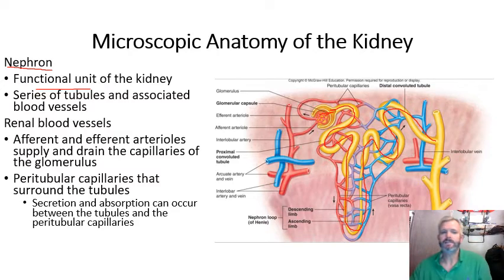Since we are filtering the blood, what brings the blood into this nephron here is, hopefully this name sounds familiar, the afferent arteriole, which brings the blood into what's called the glomerulus here, and the efferent arteriole brings it out. But one thing I want you to make note of here is the close association of these tubules with the blood supply.